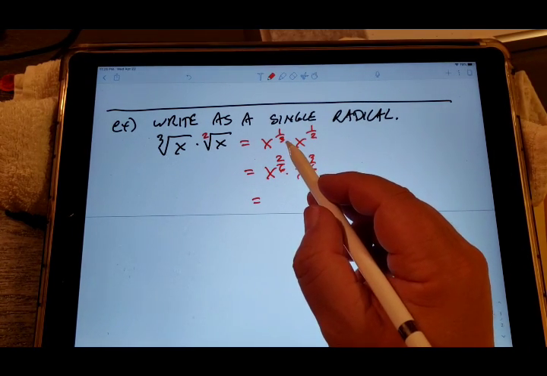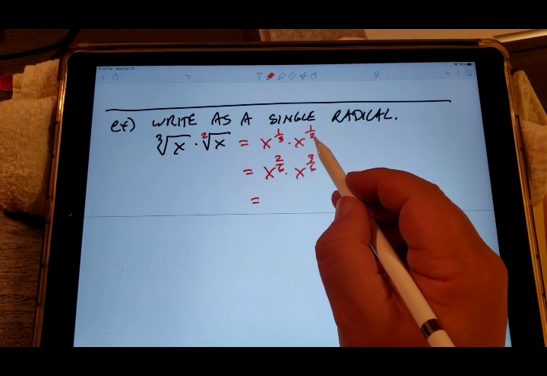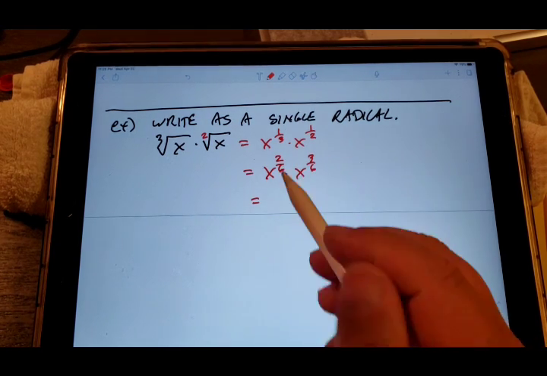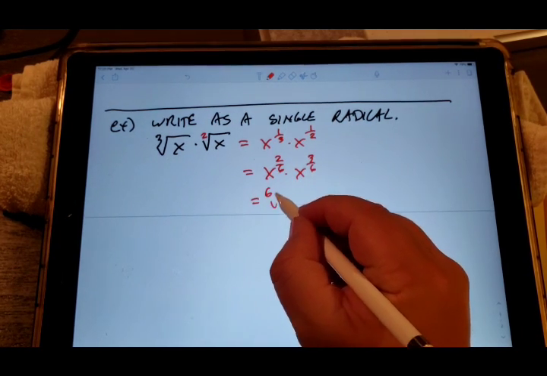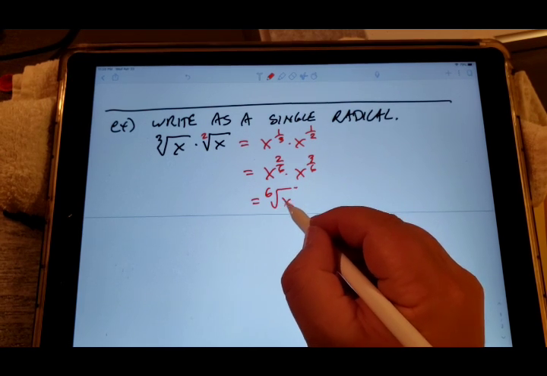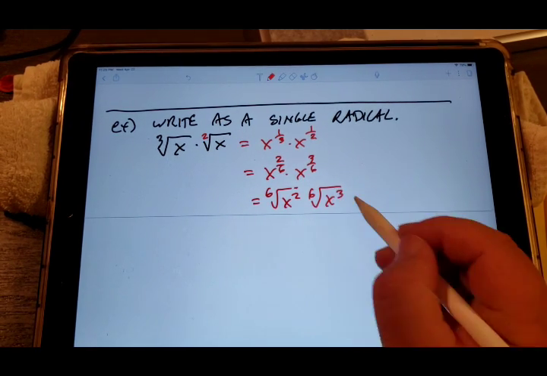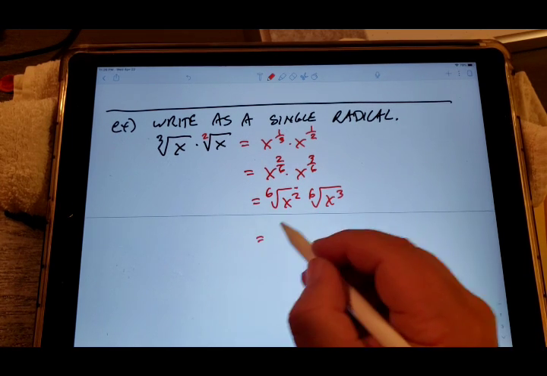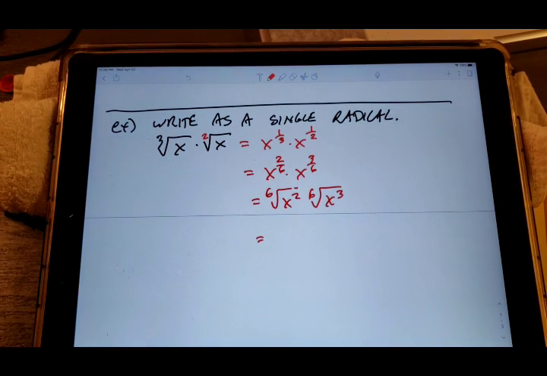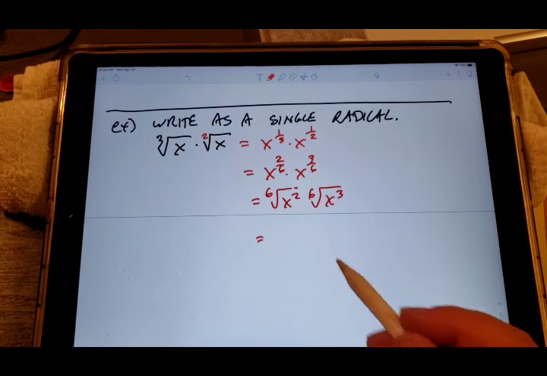So basically, the same skill you use to add fractions, we're just applying it here. So that's the 6th root of x squared, the 6th root of x cubed. And I just want to shout bingo at this moment because a very significant mission has been accomplished.